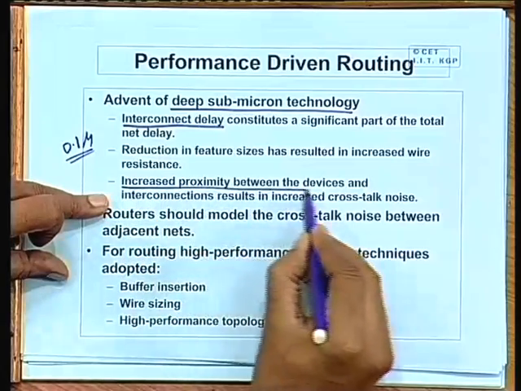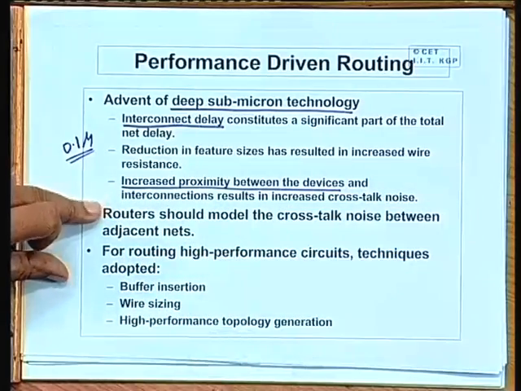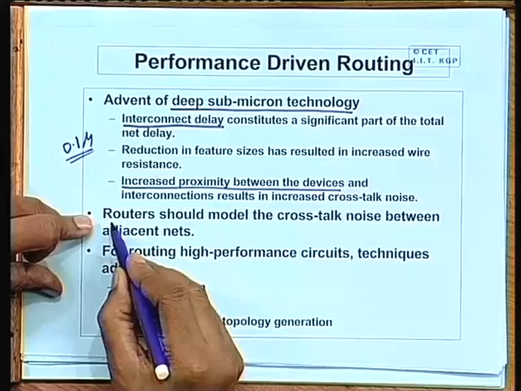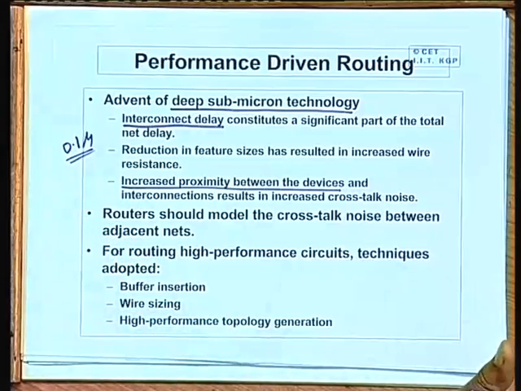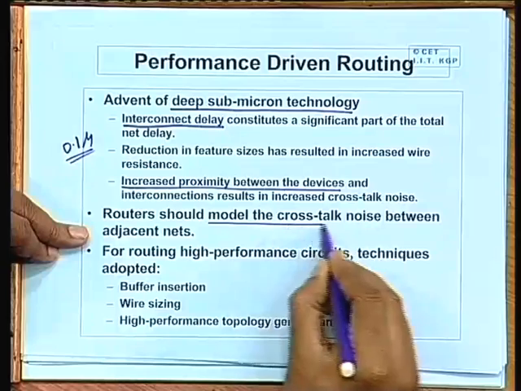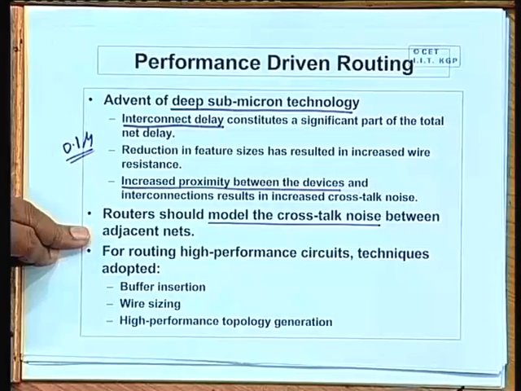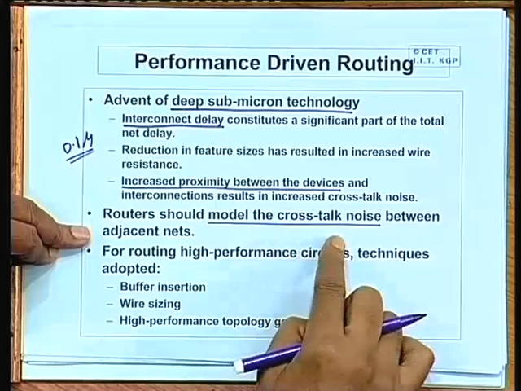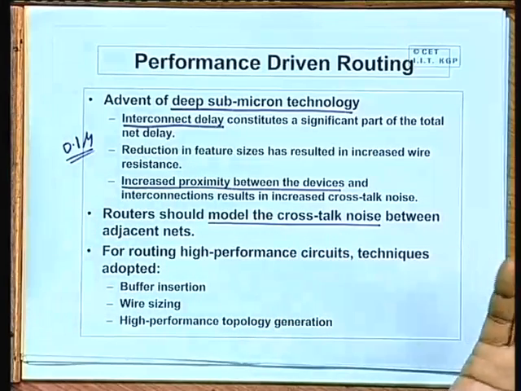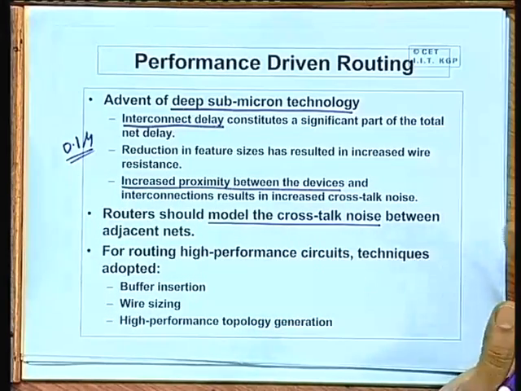Increased proximity between the devices also increases this problem. So the routers should not only model the interconnections, but also model the crosstalk noise between adjacent nets. Then you can give a good estimate regarding the delays.